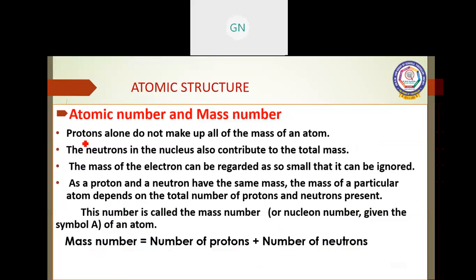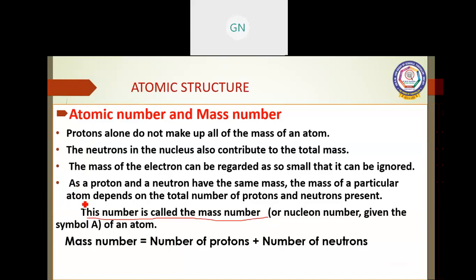Atomic number and mass number. Protons alone do not make up all the mass of an atom. The neutrons in the nucleus also contribute to the total mass. The mass of an electron is so small that it can be ignored. As the proton and neutron have the same mass, the mass of a particular atom depends on the total number of protons and neutrons present.